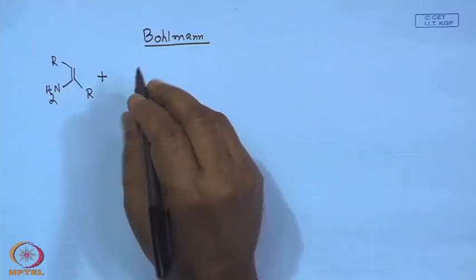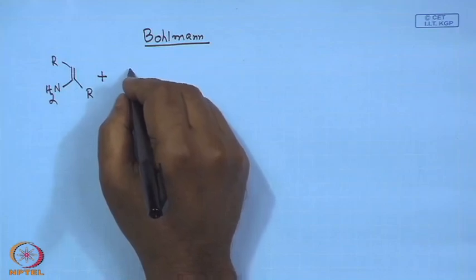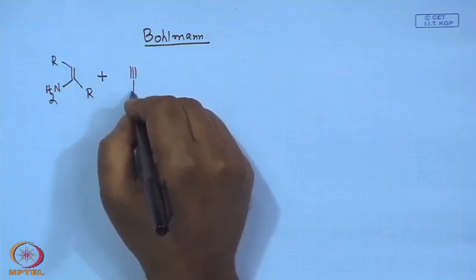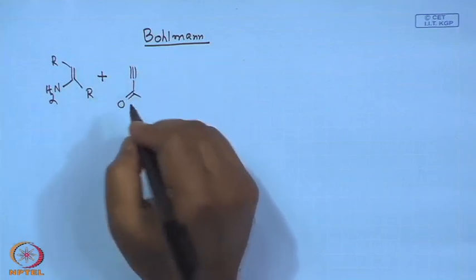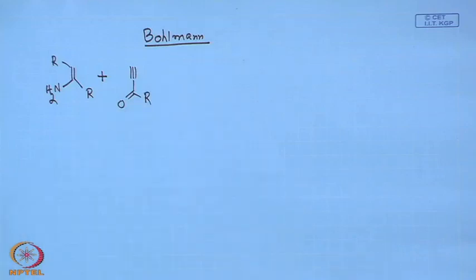All of us know that it hydrolyzes to the corresponding ketone in the presence of mercuric sulfate catalyzed hydration. Okay. So, this is an enamine, so it is a ketone derivative again, and this was discovered long back in 1957 by Bohlmann, and so you begin with an acetylenic carbonyl compound.